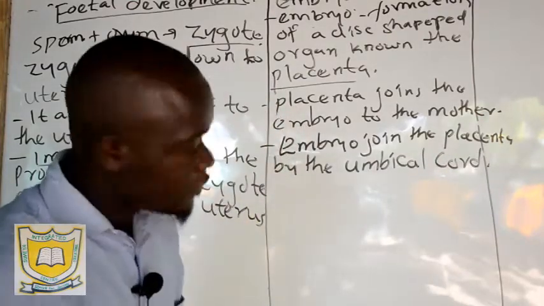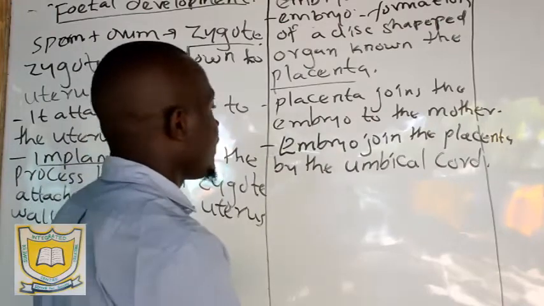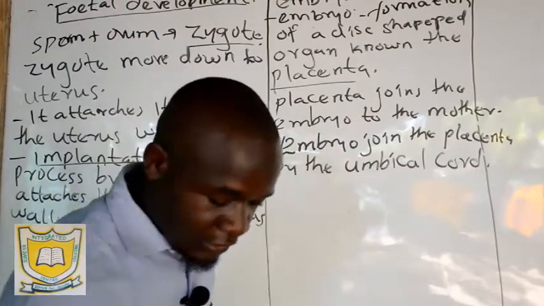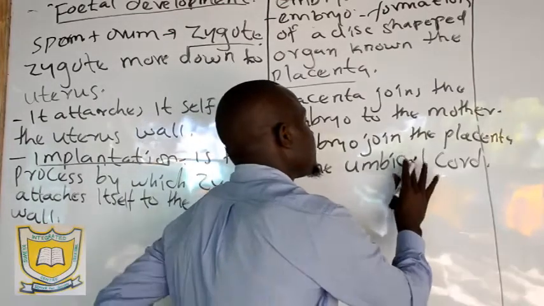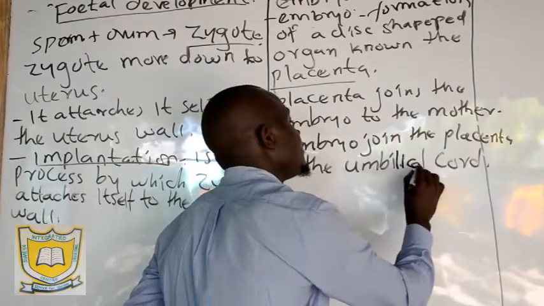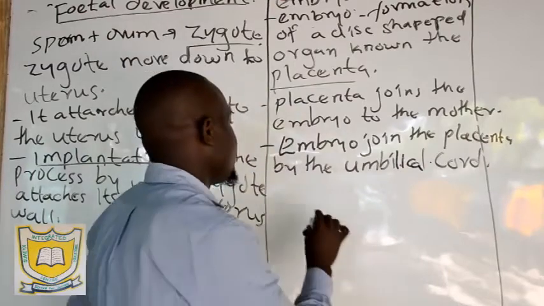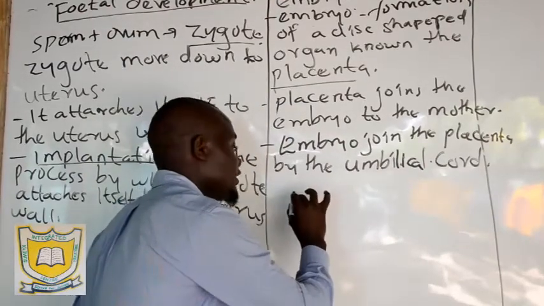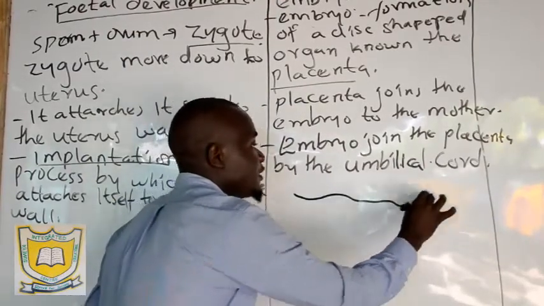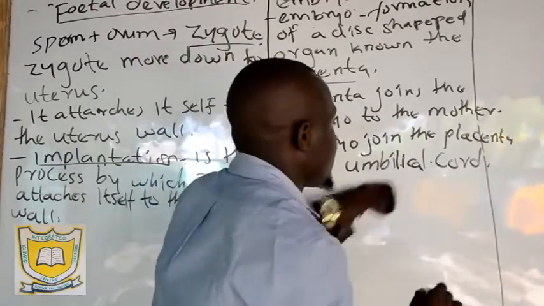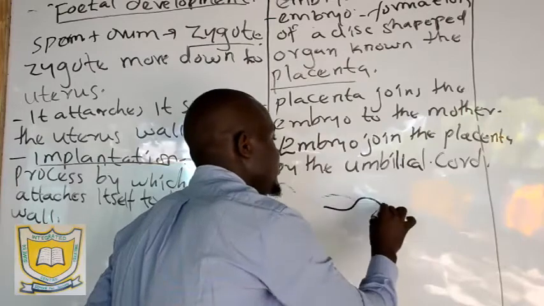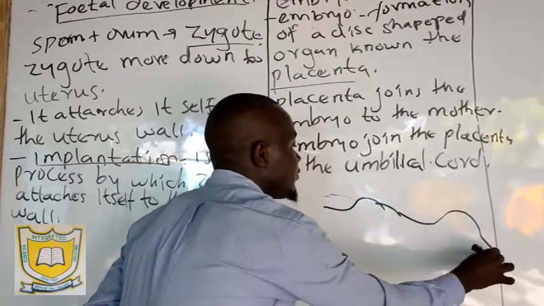Now, the umbilical cord is the joining between the mother and the embryo. When you have such a diagram, let's assume this is the female sex, the female part.